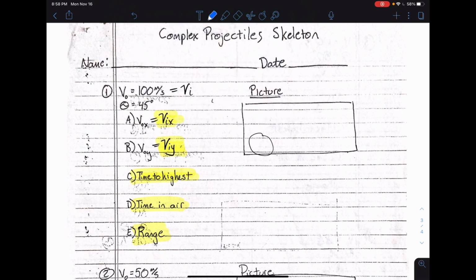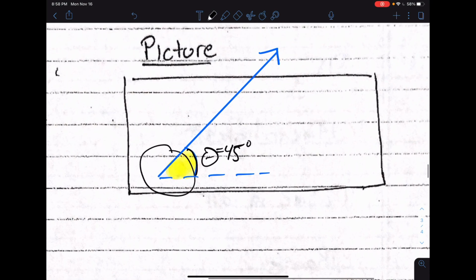So I'll go ahead and draw Vi. I'll use blue here. And I think this angle, they tell us, is 45 degrees. Maybe I should use black for that. This angle right here is theta. Okay, so then we can go ahead and label these, right?